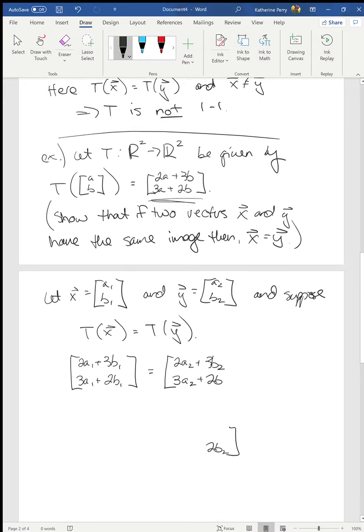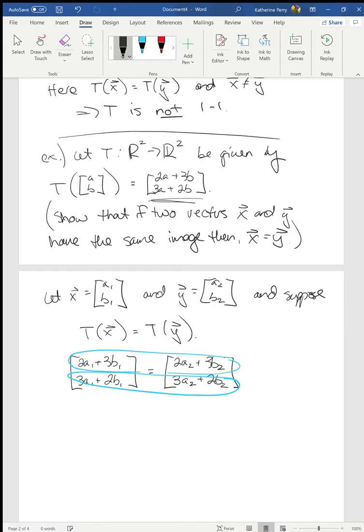And if the first part of this is true, then what that means is that this and this must both be equal.